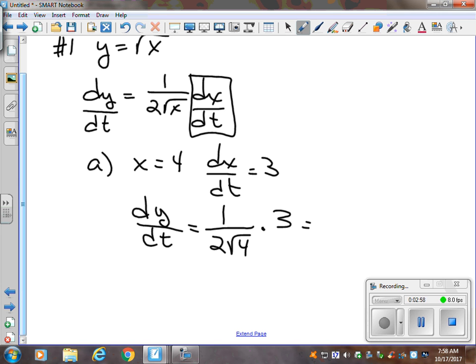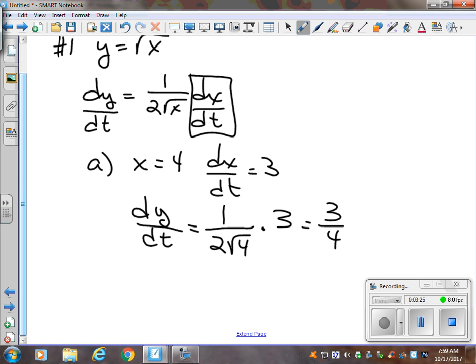So 1/2 times the square root of 4 on the bottom, the square root of 4 is 2, times 2 is 4. So that's really 1/4. And times 3 on the top would make it 3/4. So the rate at which dy over dt is changing is 3/4. So what that means is as x changes by 3, y is not changing as fast. Does that make sense? Okay.